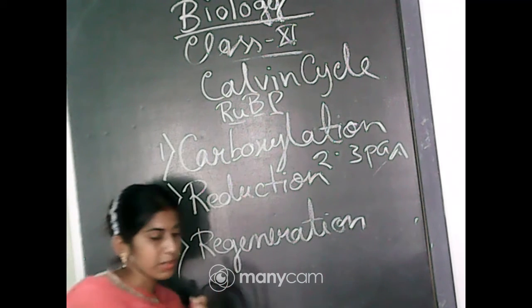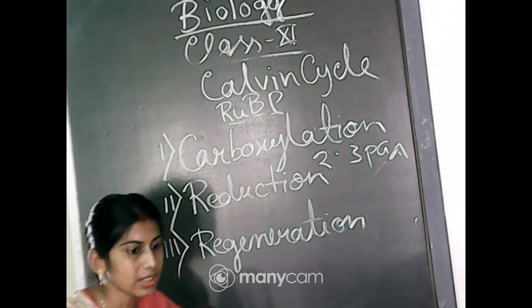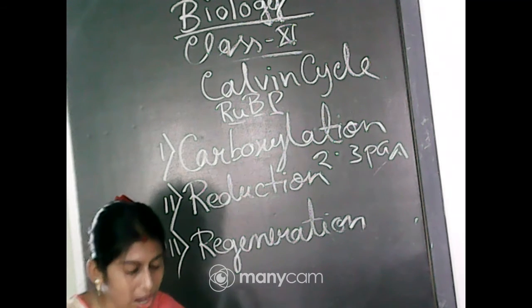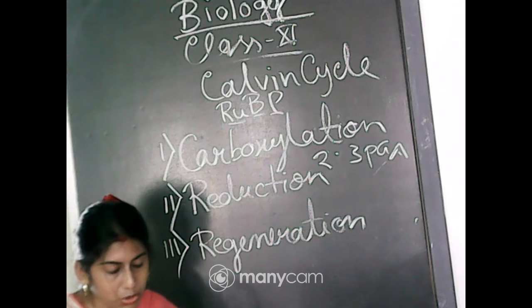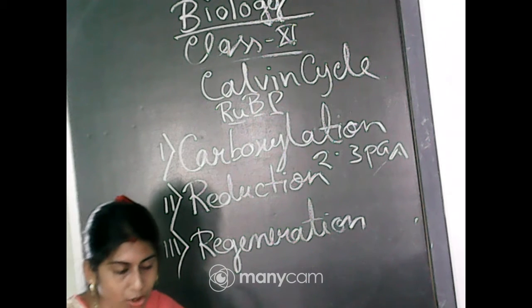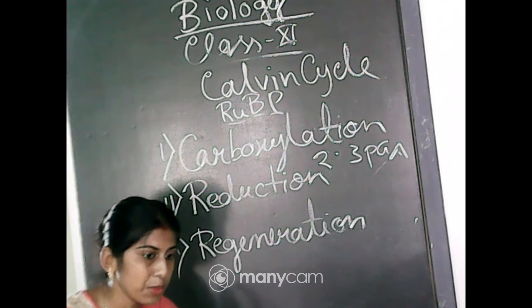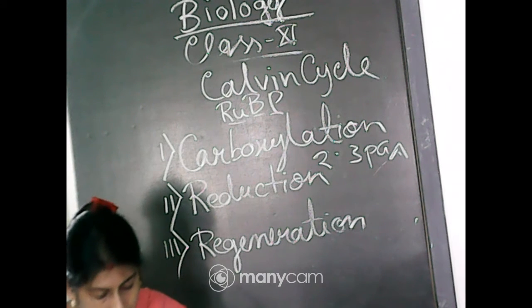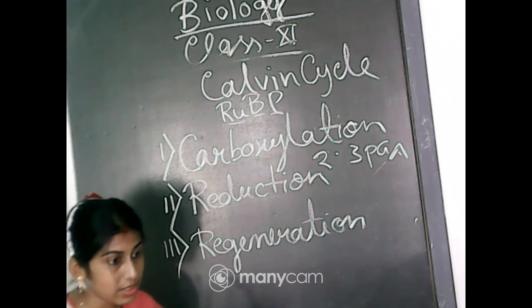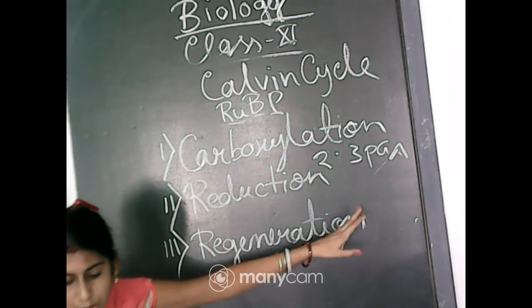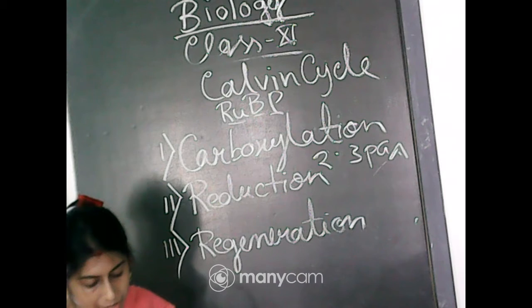So I am repeating what happens in carboxylation: fixation of carbon dioxide into a stable intermediate, utilized for the carboxylation of RuBP with the help of the enzyme RuBP carboxylase, resulting in 2 molecules of 3-PGA.